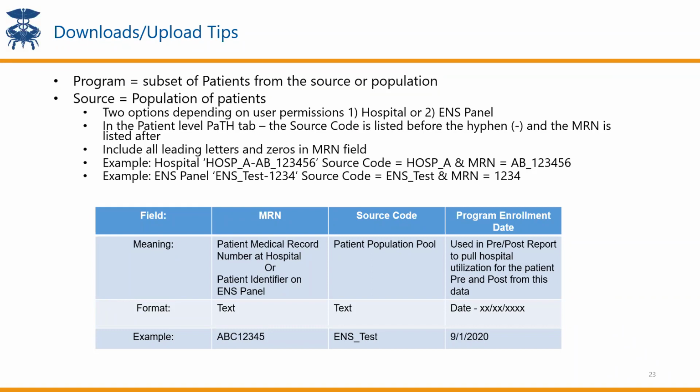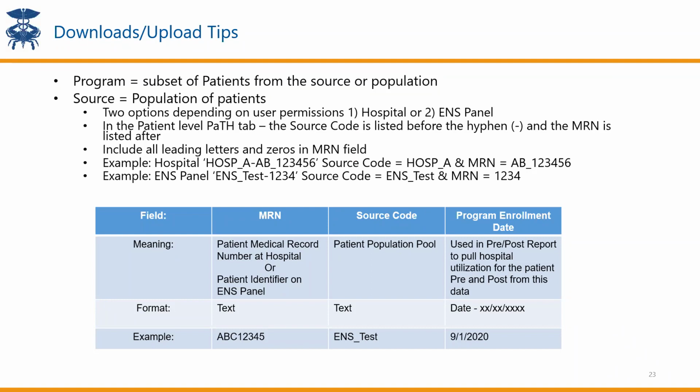When you go to the PaTH patient level tab, you'll see the source code and MRN listed together, separated by a hyphen. This is a really great way, if you're unsure of what your source code is or what the MRN is of the patients that you're curious about following in PaTH or pre-post, to look for the source code before the hyphen, and then anything after that hyphen is what we consider the MRN for the patient.